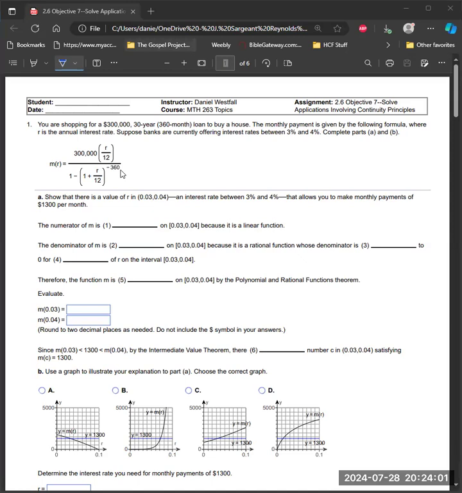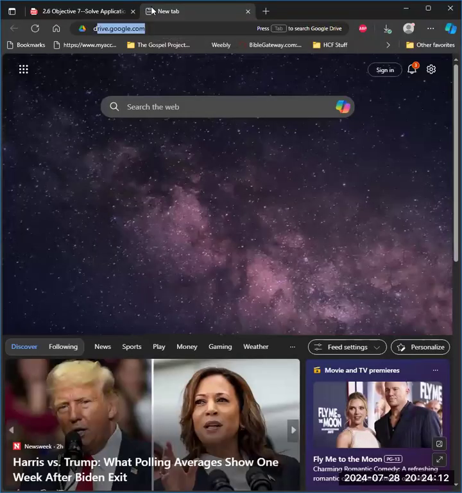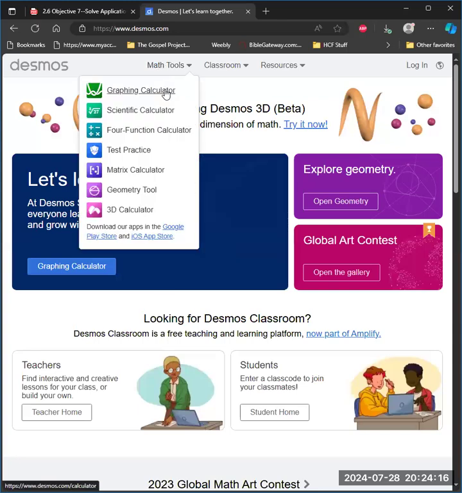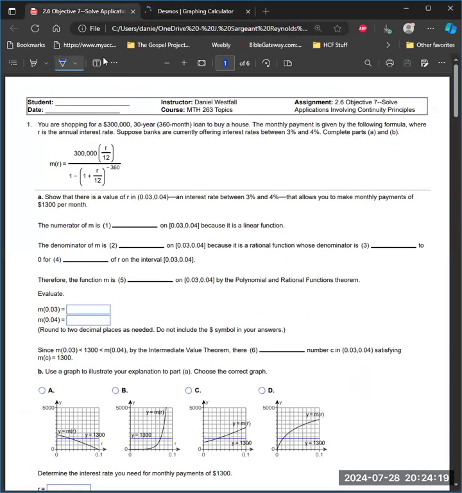So I'm going to have to copy this into Desmos here. Just give me a second to do that. Math tools, graphing calculator.